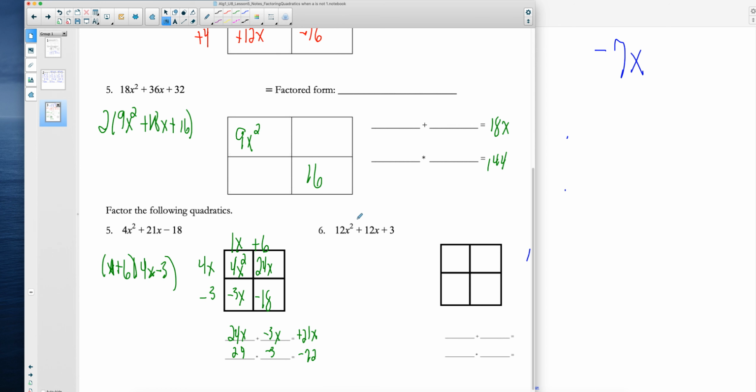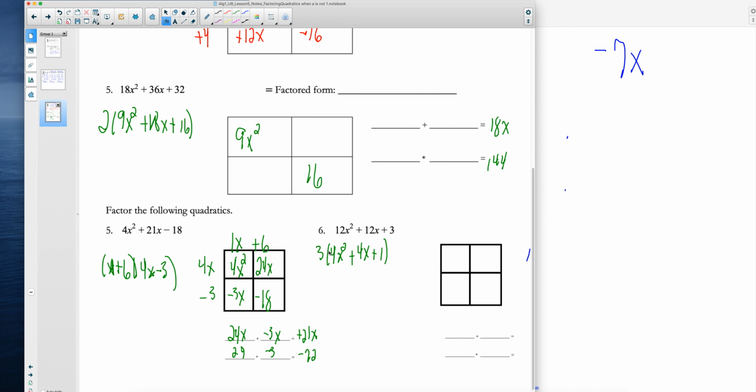Now, moving on to our last one, we do have a GCF for this one, so we can take a 3 out. If you take that 3 out, that gives us 4x squared plus 4x plus 1. Notice if we had left it like this, when we did a times c we would have gotten 36, and there are a lot of numbers that multiply to be 36.